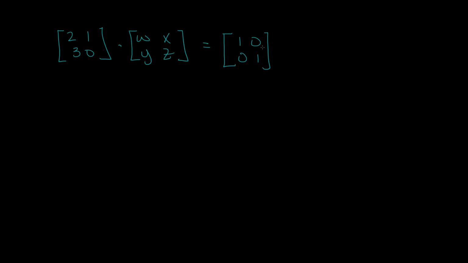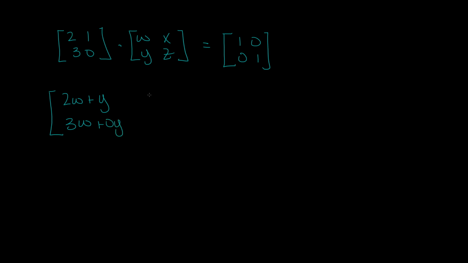So now I'm going to keep these variables W, X, Y, and Z, and multiply these and use the multiplication to work through this. The first thing I'm going to do is the top row: 2W plus 1Y, and then 3W plus 0Y.